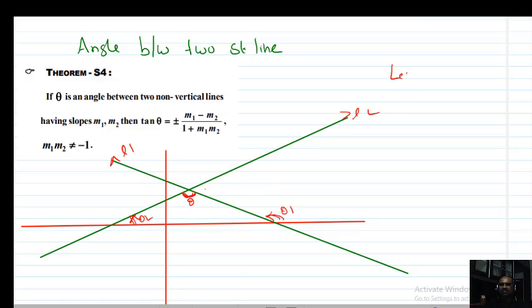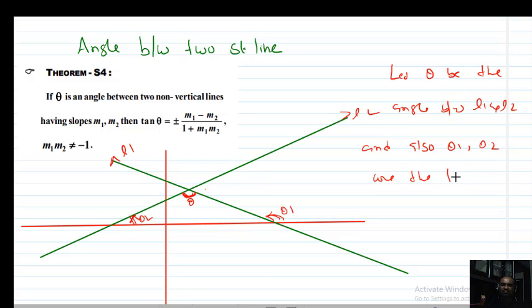Let theta be the angle between L1 and L2, and theta 1, theta 2 are the inclinations of L1 and L2 respectively.